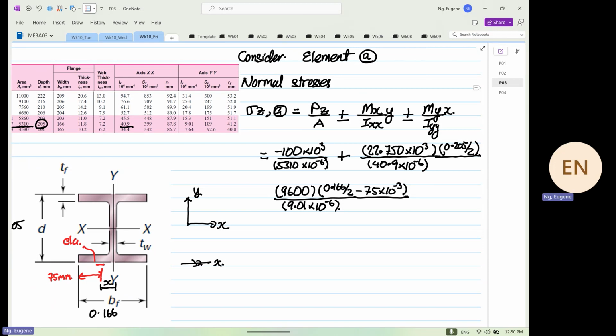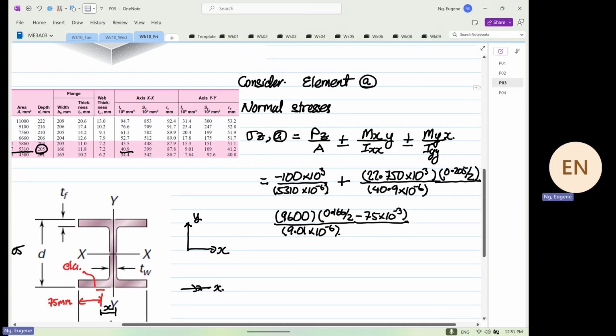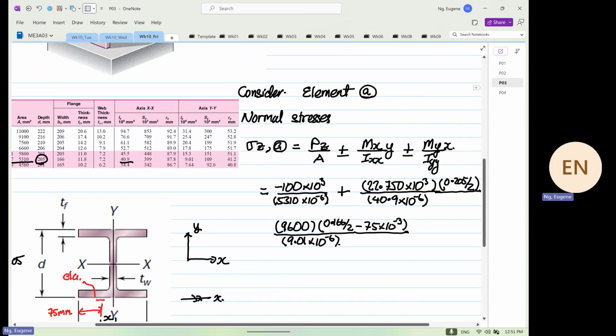Divided by 2 at the centroid, minus 75 times 10 to the power minus 3. Makes sense?